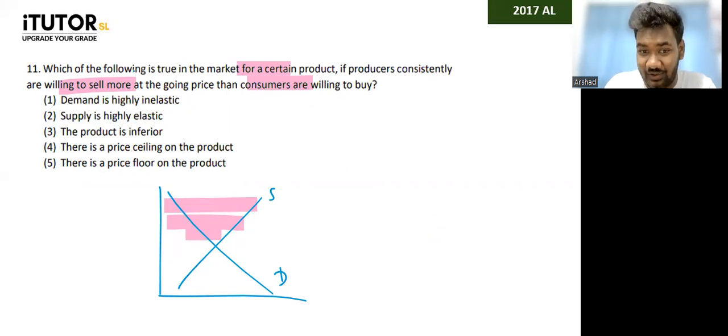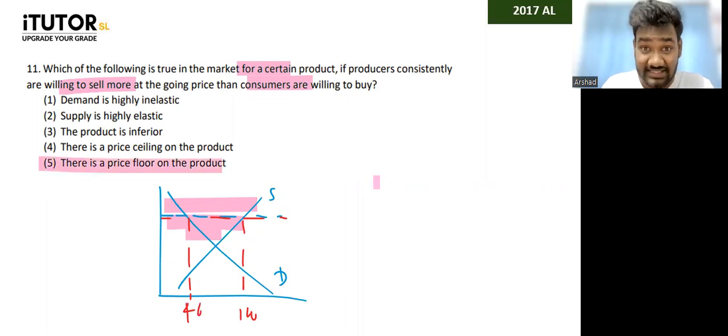Maybe because there was a price floor for this product, the price was set at a higher level. Therefore the quantity supplied, let's say 100 units, would have been way more than the quantity demanded, which let's say is around 40 units. So answer number 5. There would have been a price floor. That is why the quantity supplied would have been more than the quantity demanded. What is the price floor? Another name for this is a minimum price.